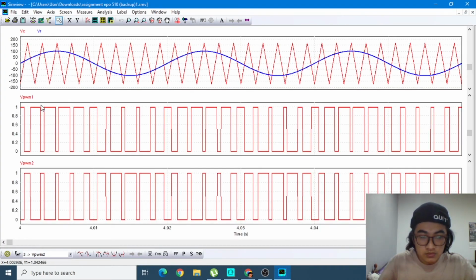This is the result for PWM1 and PWM2. As you can see here, PWM2 is inverted from PWM1.